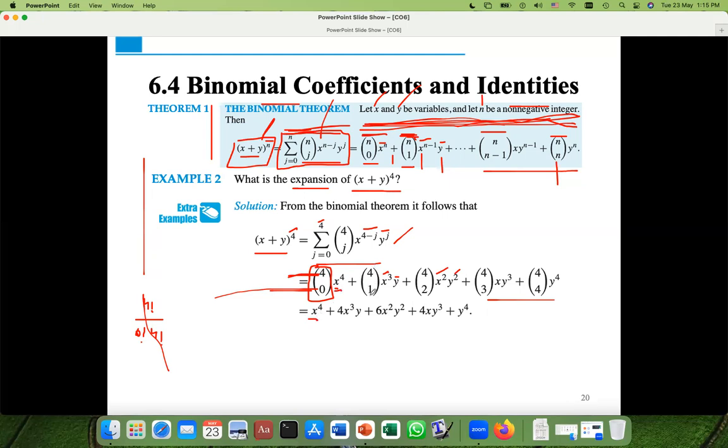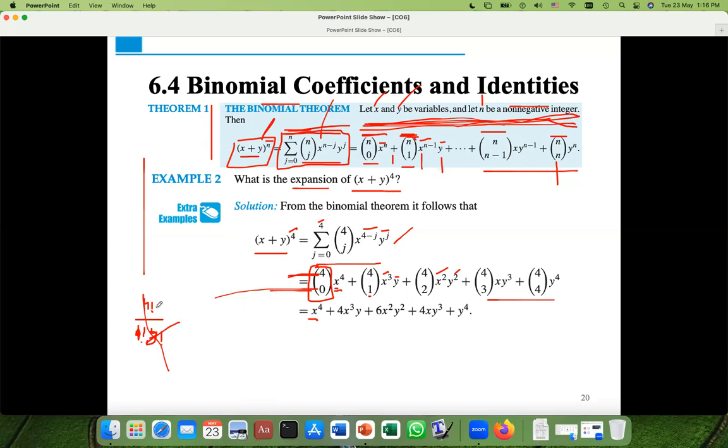And now 4 choose 1. So 4 factorial, and then this is r, 1 factorial. And then 4 minus 1, 3 factorial. Here you will have 3 factorial.